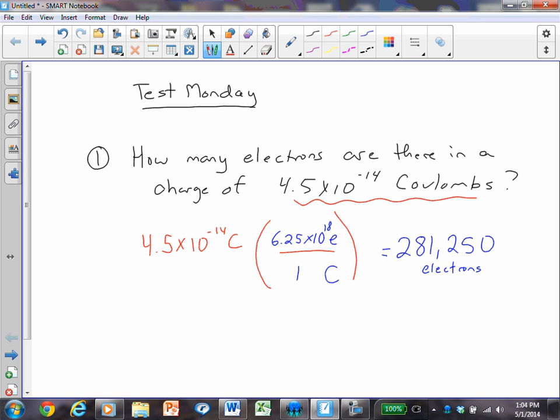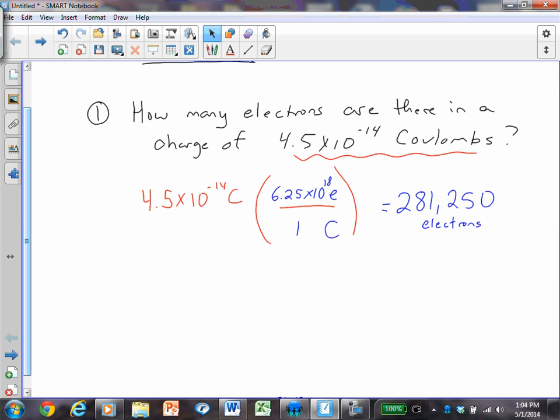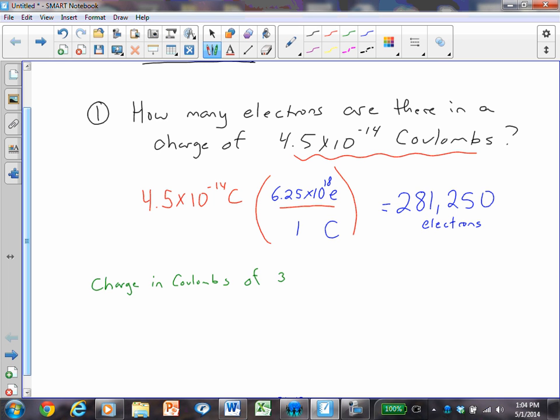So you could also say, well, what if we had a number of electrons? What is the charge in coulombs? Well, let's use something different than electrons, 38 protons.